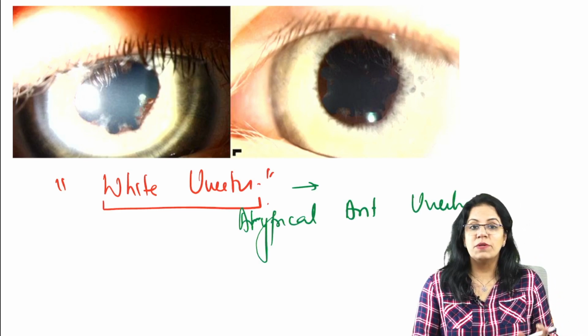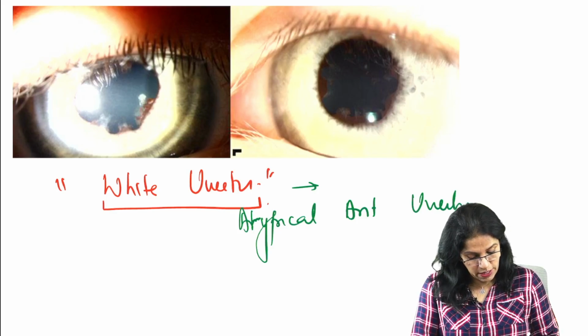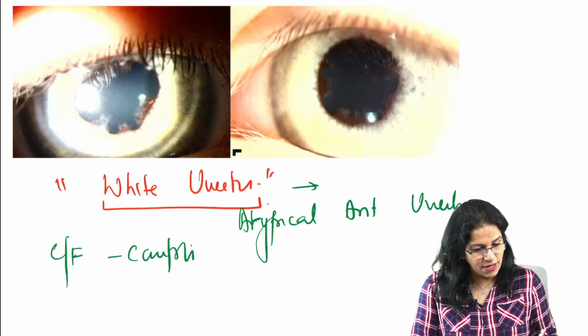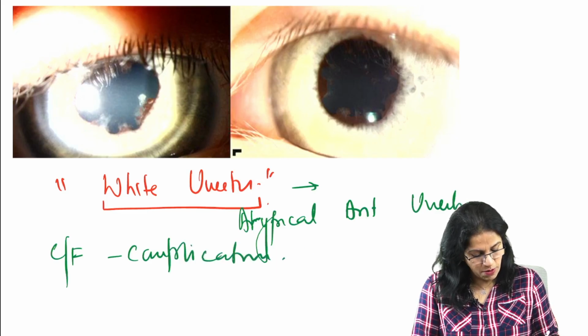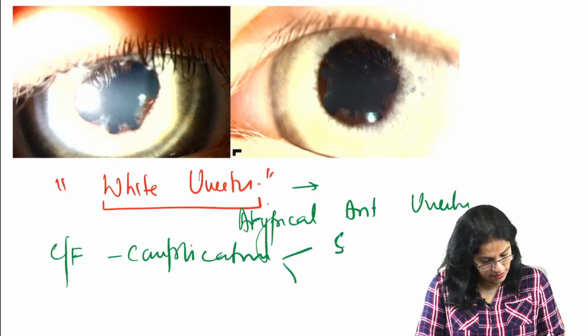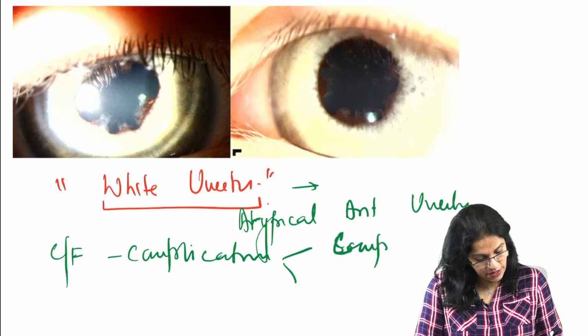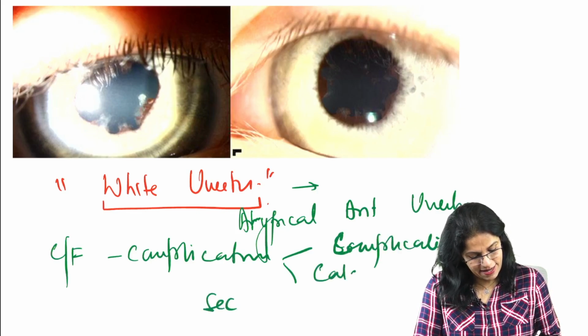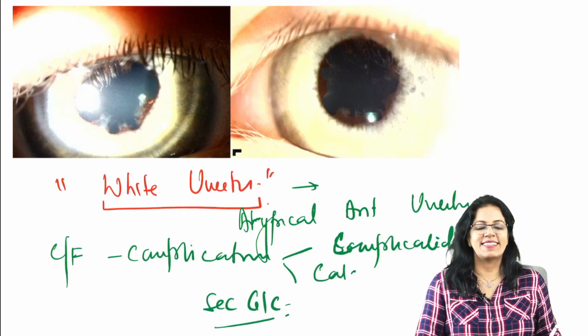So how does it present? The patient is only going to present with complications. And what are the complications? Most common that you will remember is, of course, secondary complicated cataract and secondary glaucoma. Complicated cataract and secondary glaucoma. These two you shouldn't forget.